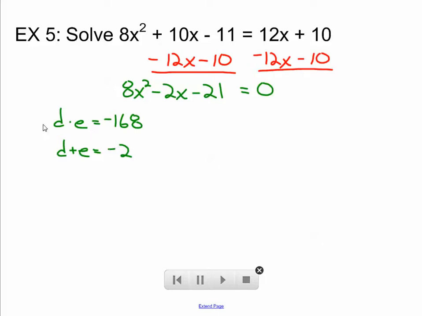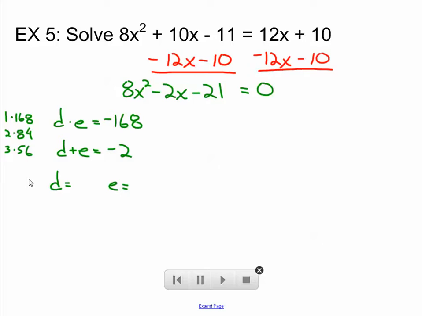I'm just going to list off factors of 168. How about 1 and 168? Obviously that isn't it. 2 and 84, those are way too far apart. It's divisible by 3. 3 and 56, way too far apart.